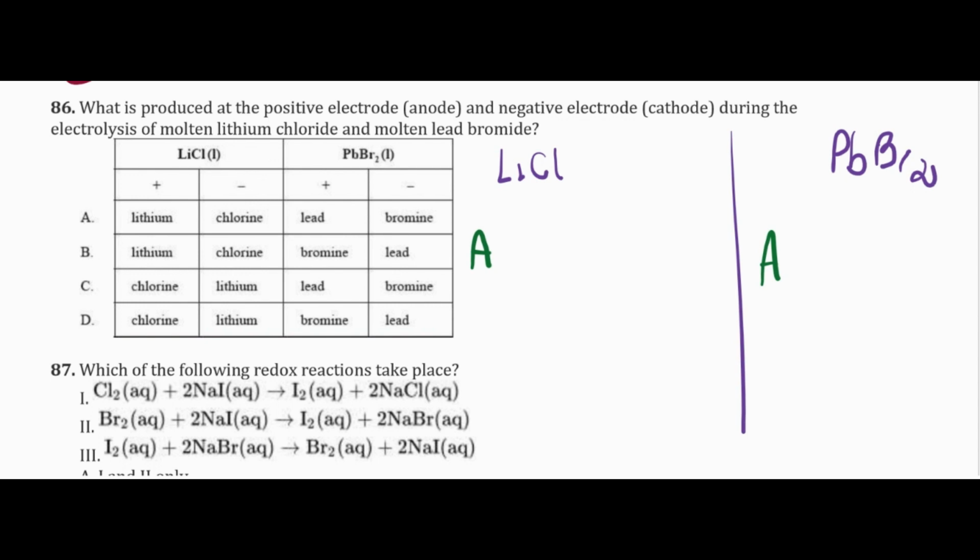There's the anode and the cathode. Positive ions, they go to the cathode, the negatively charged cathode. So that will be Li plus and Pb 2 plus. Then at the anode, we have the Cl minus and the Br minus. All right, so what does that match up to? D.